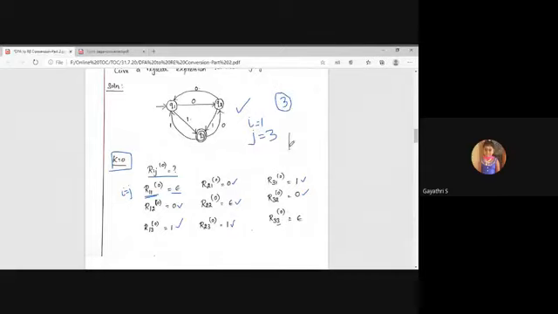So the regular expression R13 of 3, this transition, gives the regular expression of this automata.